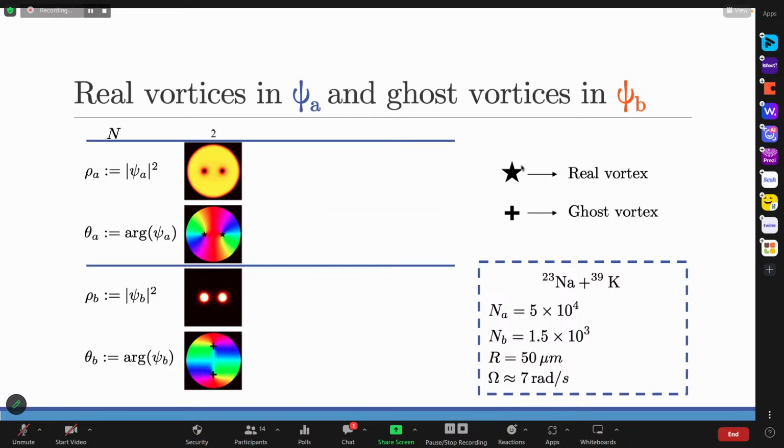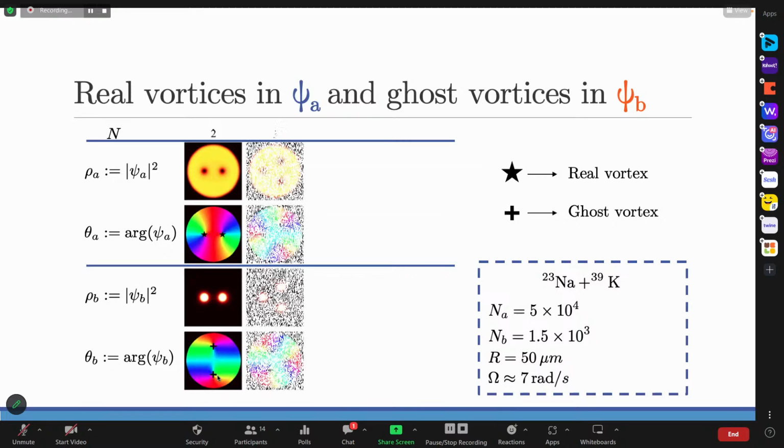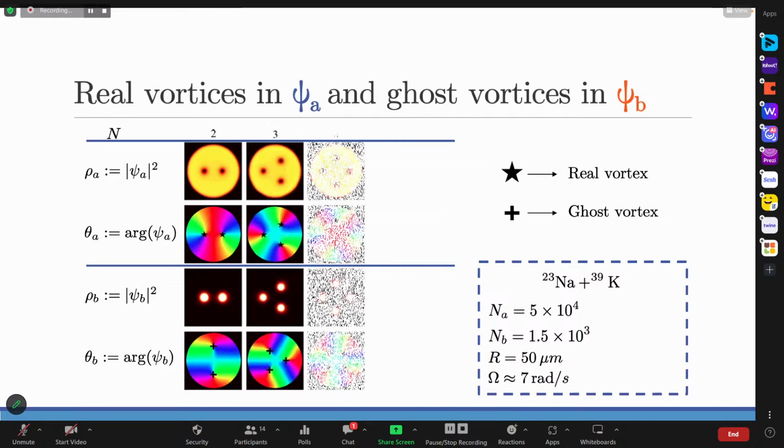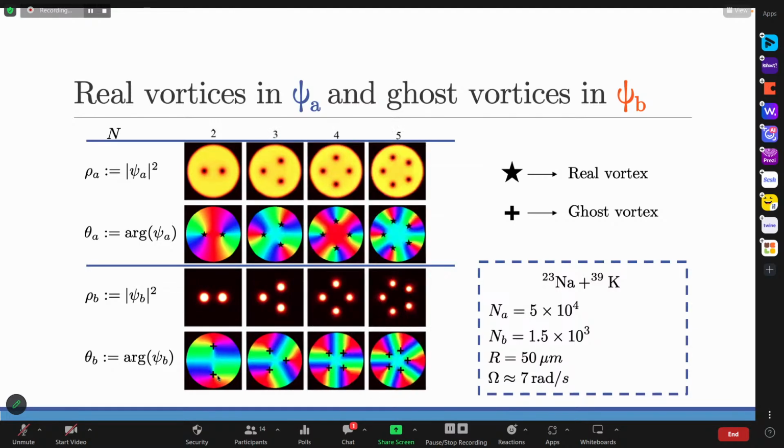And here we have a black star that stands for the presence of a real vortex. More interestingly, in Psi-B, we see that we have two localized cores here and here, but we also have two extra, let's say, unexpected phase defects here and here, which are the ghost vortices. And this happens not only for n equal to 2, but also for n equal to 3, 4, 5, and so on.